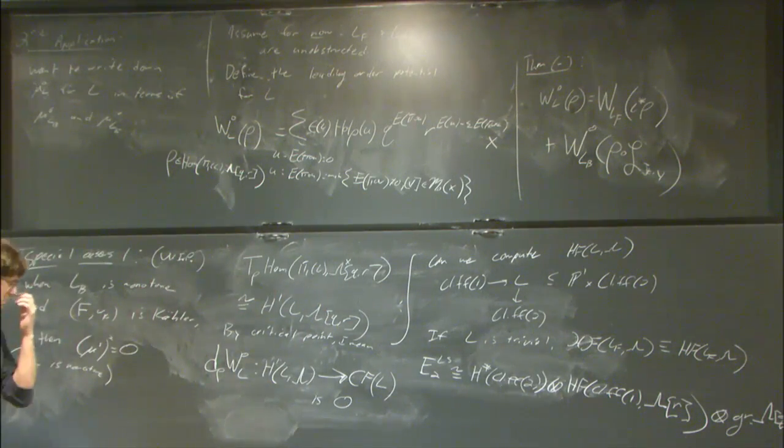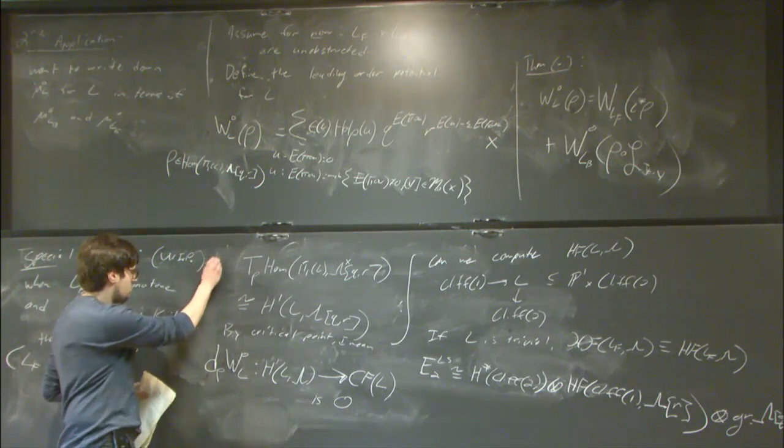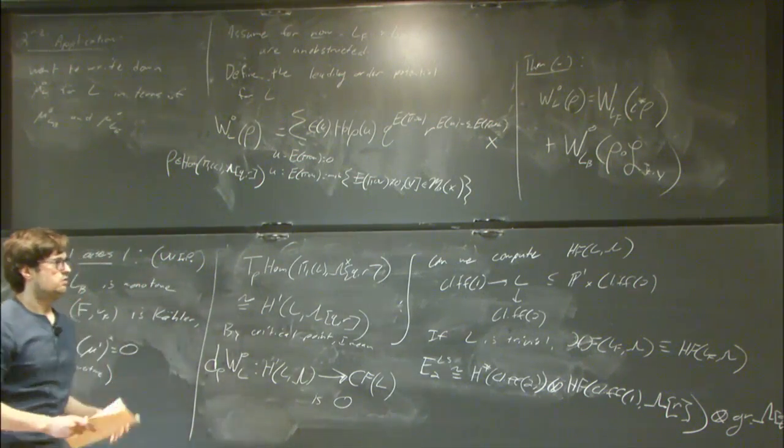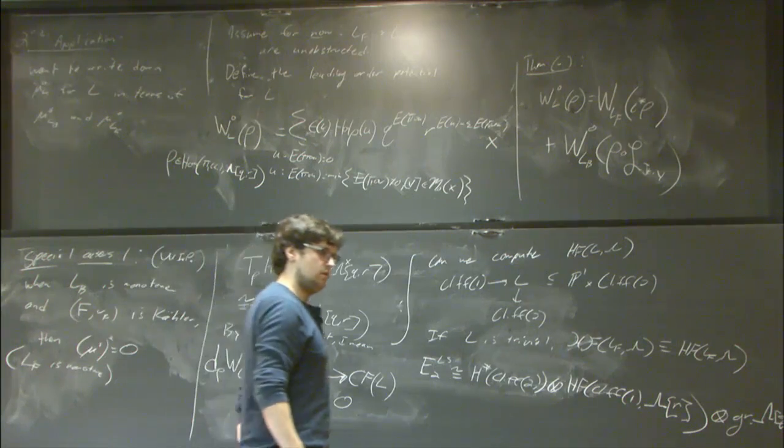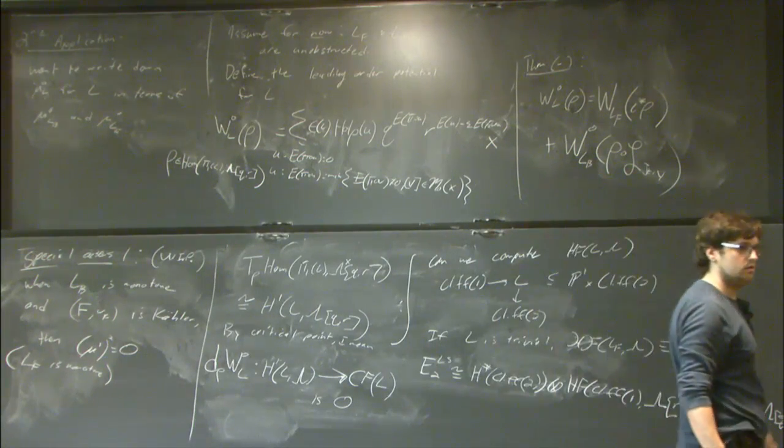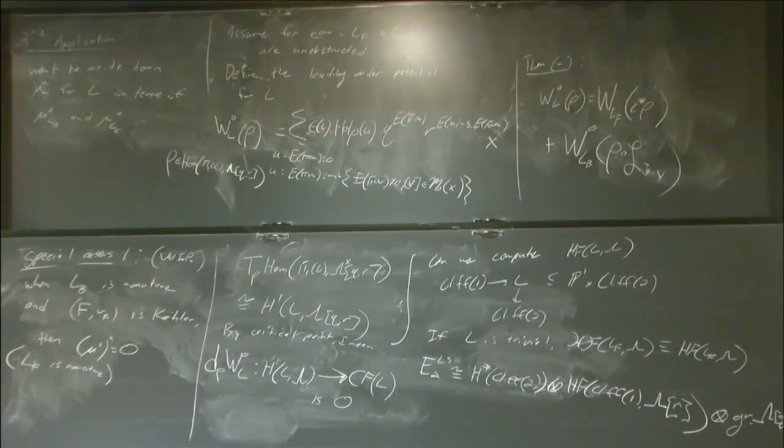But if you have a critical point for the leading order part of a function, that might not mean the same point as a critical point for the function. Yeah, it might be something else, right?